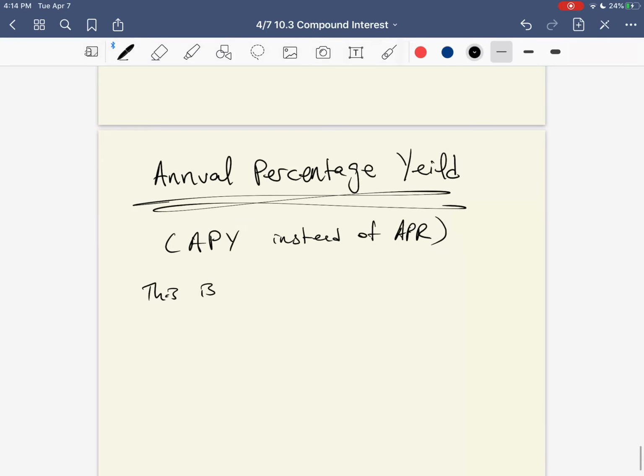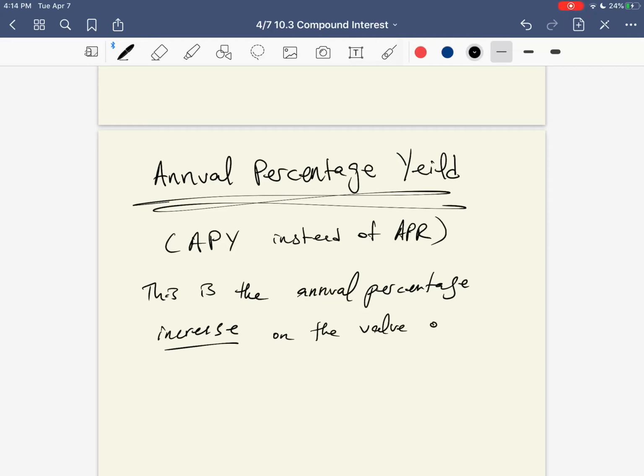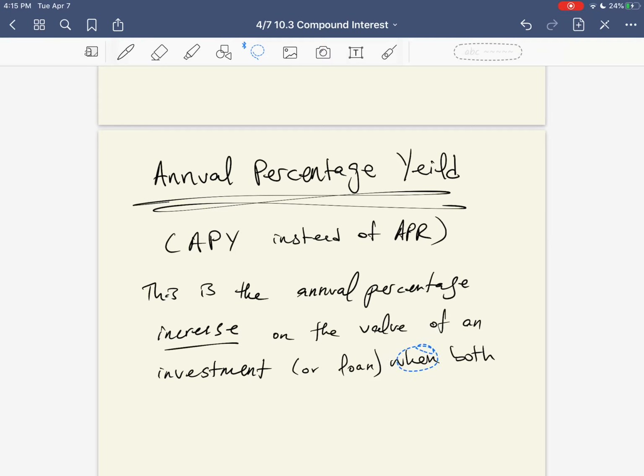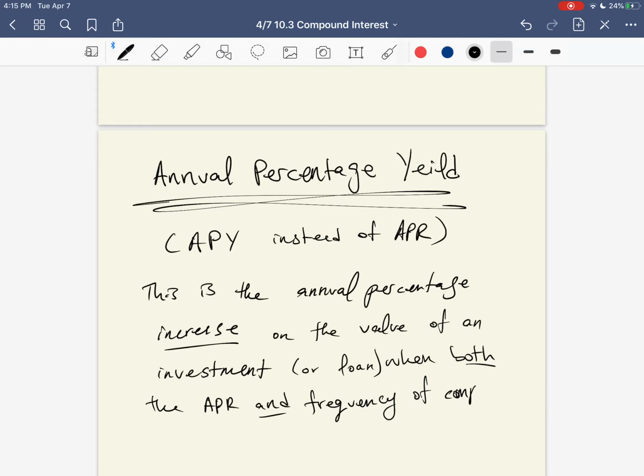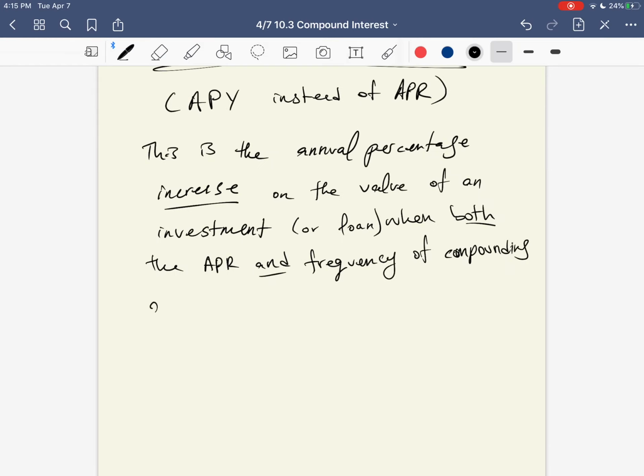I'll just write down what it is, and I won't talk about it too much, but this is the annual percentage increase on the value of an investment or loan when both the APR and frequency of compounding are taken into account.